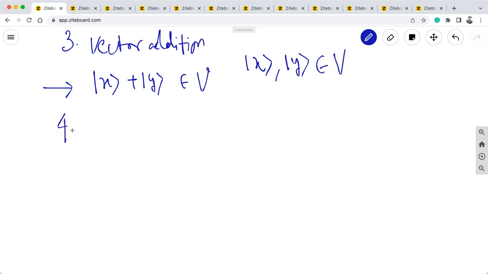The fourth one is the scalar multiplication property.